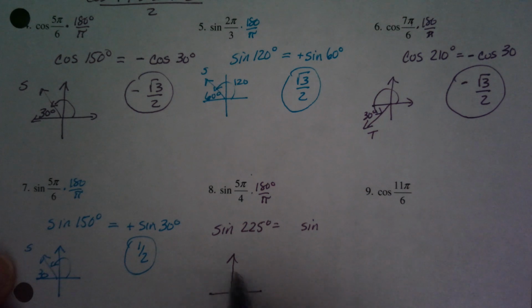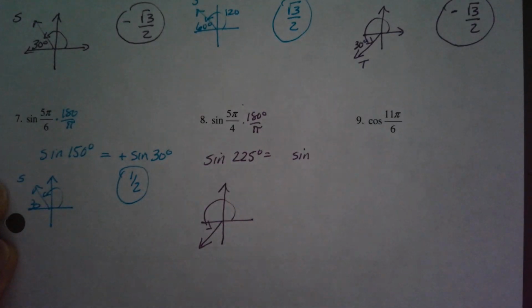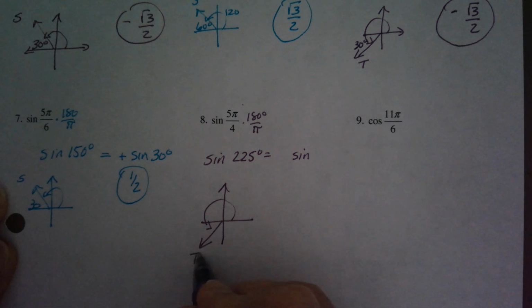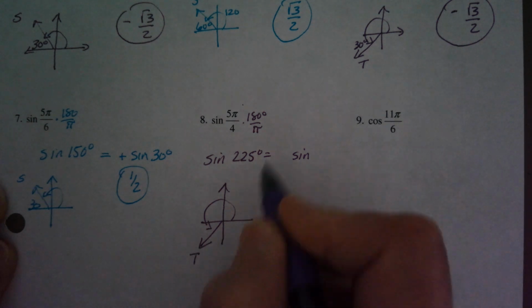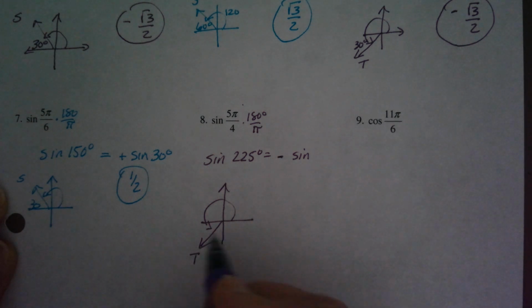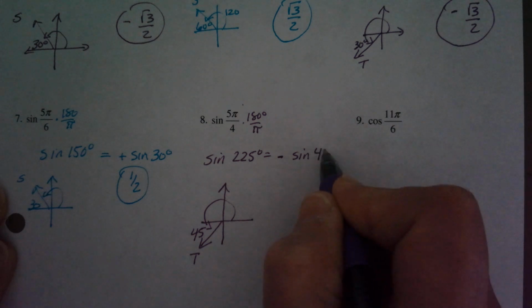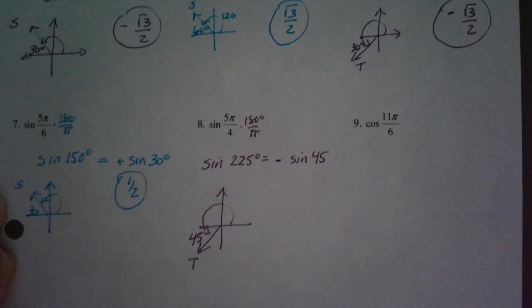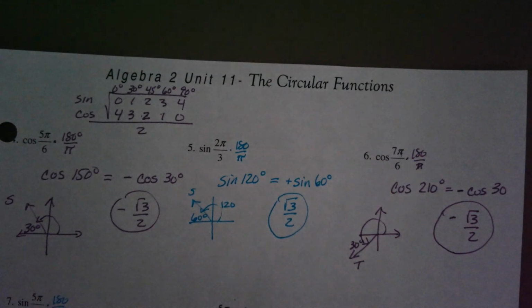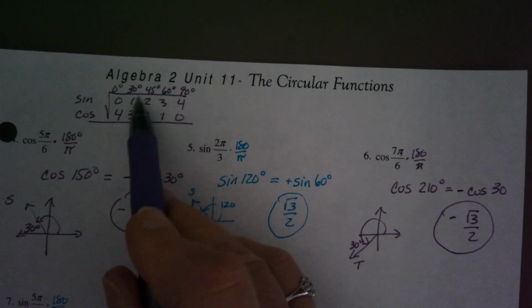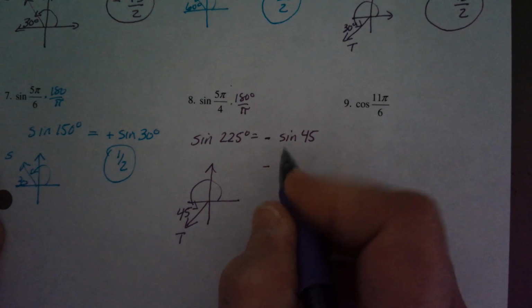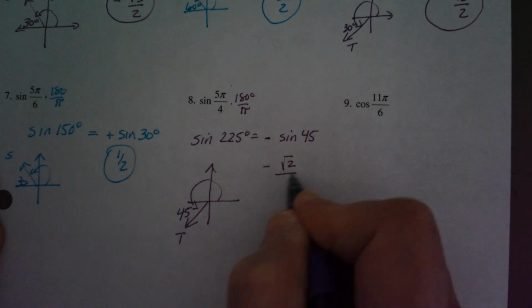Drawing the 225 degree angle, you end up in quadrant 3, where tangent is positive. So this is negative sine of the reference angle. 180 plus 45 brings us to 225. So negative sine of 45 degrees. Sine of 45 degrees is square root of 2 over 2. Our answer is negative square root of 2 over 2.